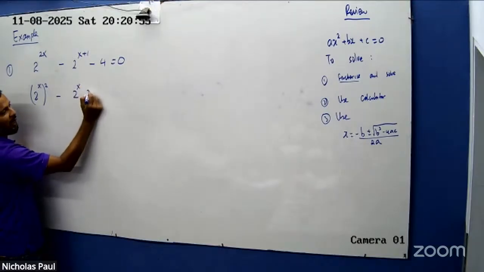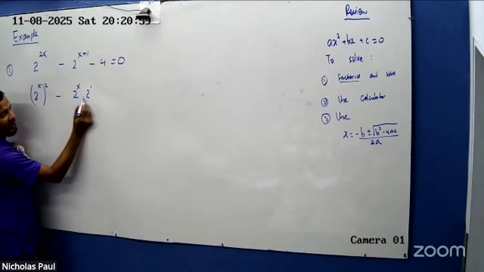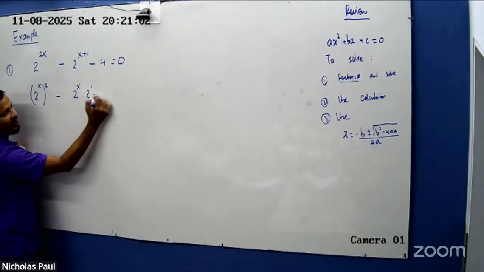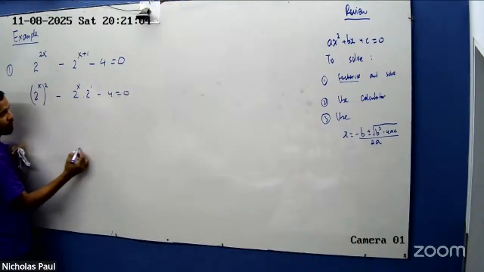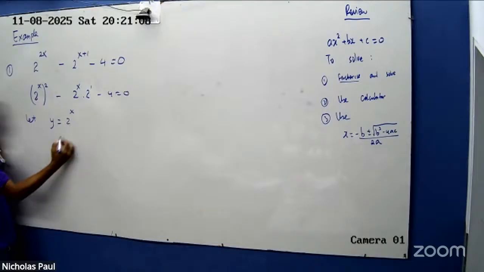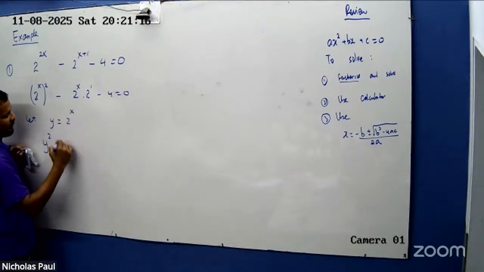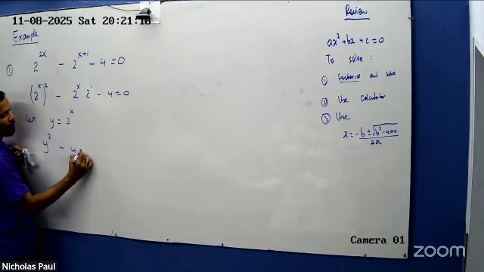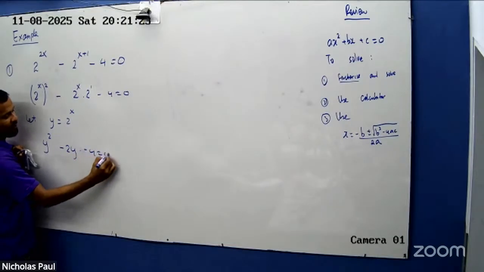It's 2 to the x multiplied by 2 to the power 1, correct? Multiply, same base, we could add. Minus 4 is 0. If I let y equal to 2 to the x, what would happen here? This becomes y squared. This becomes y times 2, or 2y, and minus 4 equals 0.